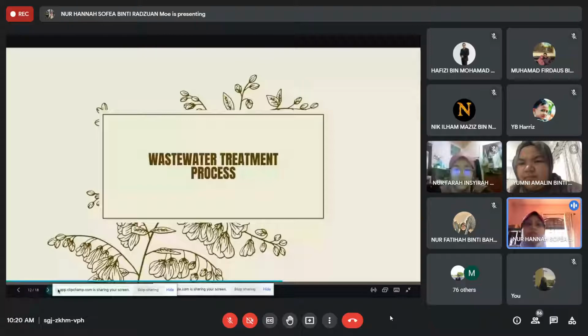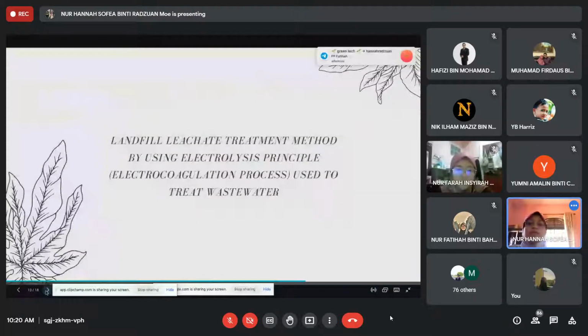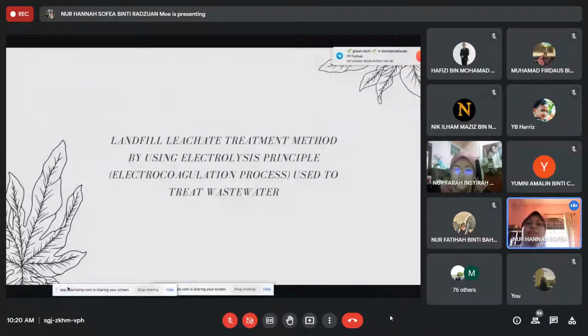So next we're going to see how wastewater treatment is processed. We use the landfill leachate treatment method, using the electrolysis principle known as the electrocoagulation process, to treat wastewater.